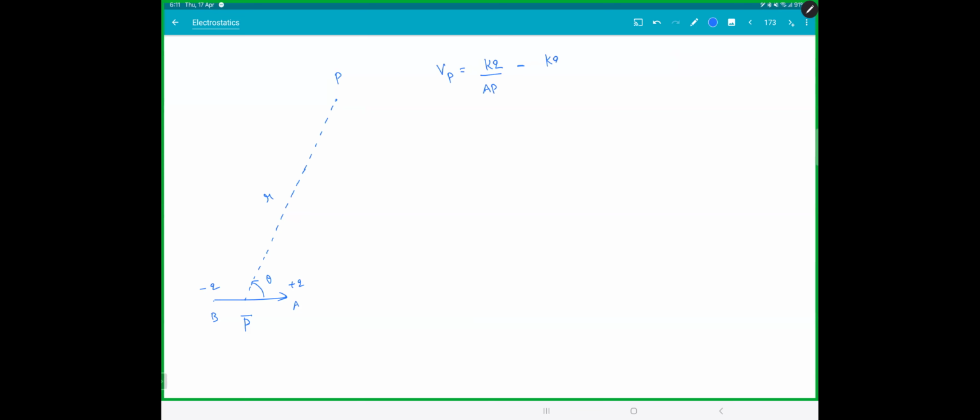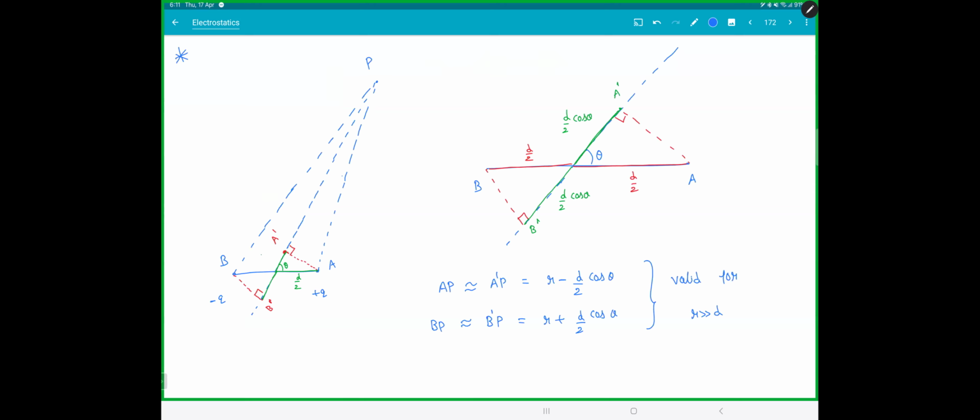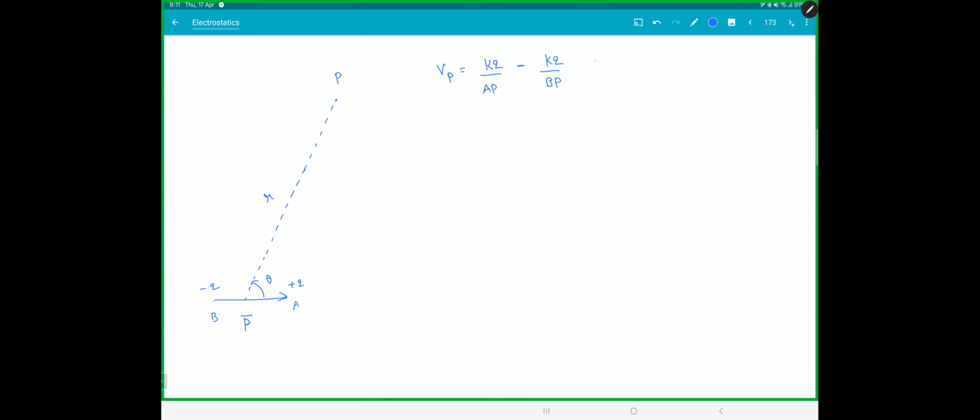Due to negative charge, it will be KQ by BP. Since AP is almost equal to A dash P, R minus d by 2 cos theta, I can substitute this. KQ by R minus d by 2 cos theta minus KQ by R plus d by 2 cos theta.